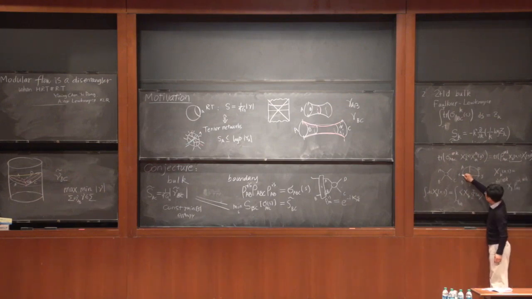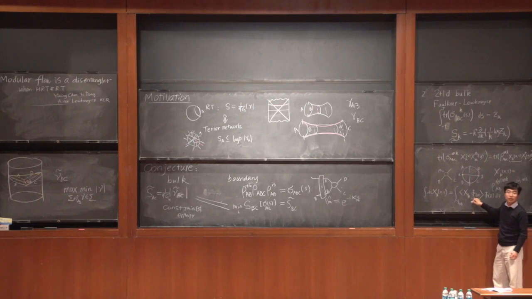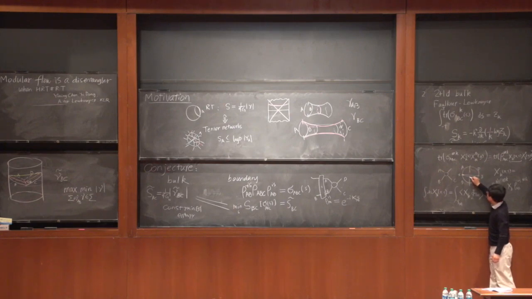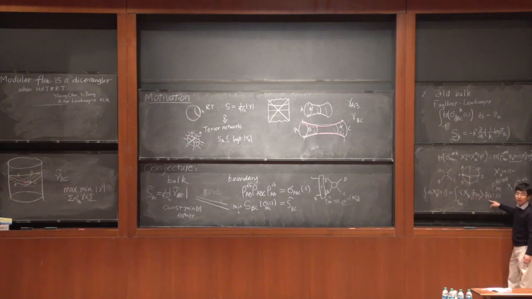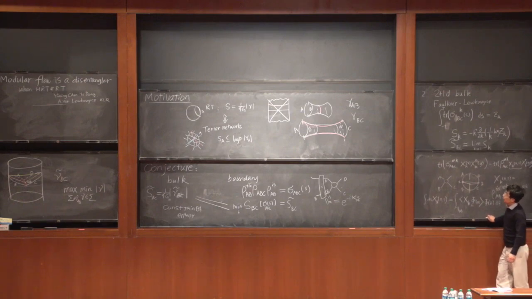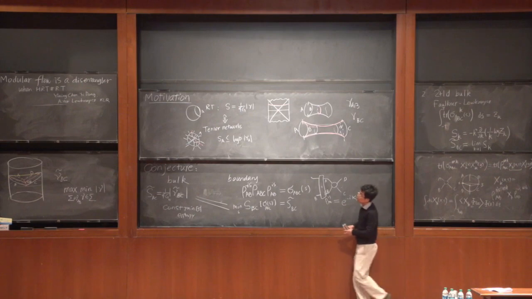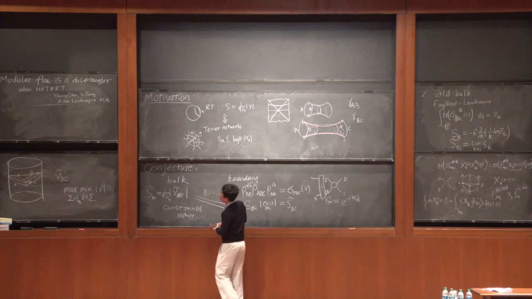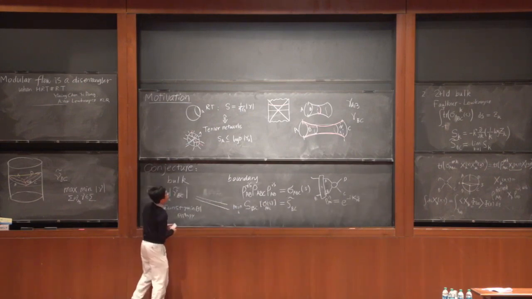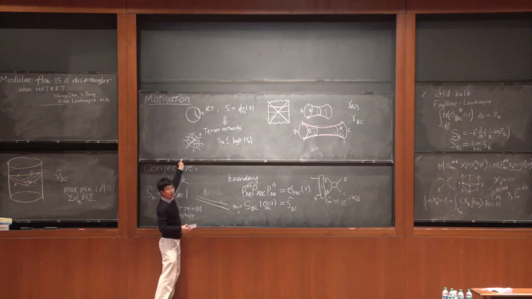So you are looking at the operators in the k copies of the theory. You have this operator here, and then you have some operator living on this geodesic. This correlation function determines the coefficient of that operator.